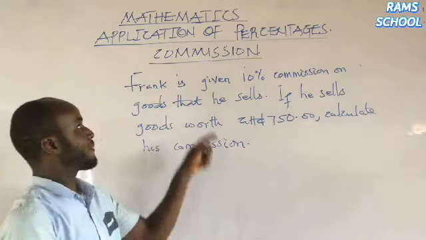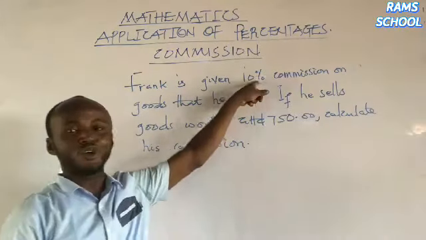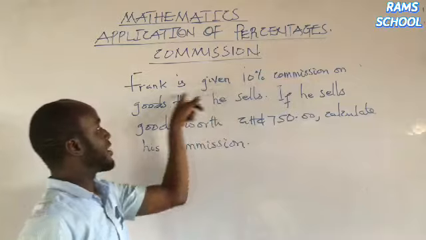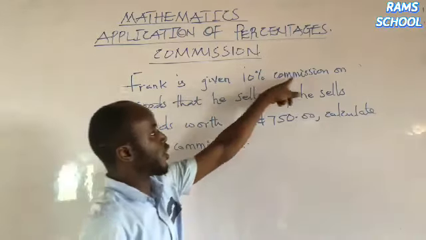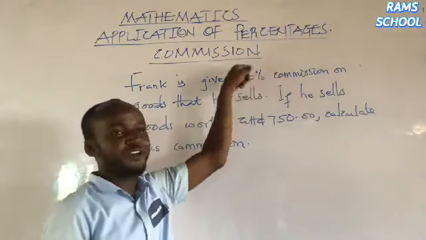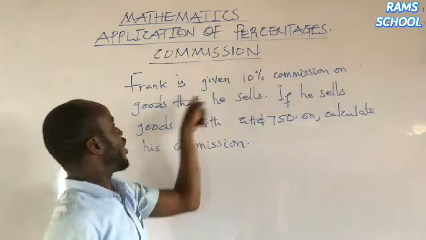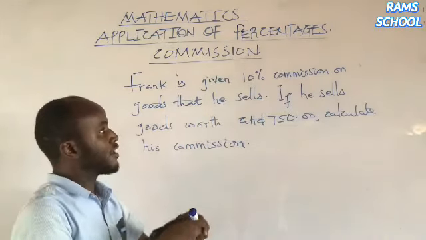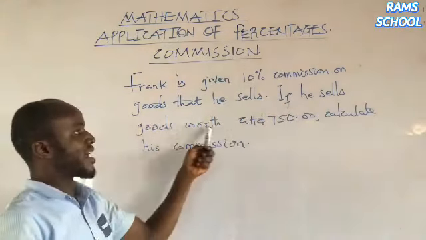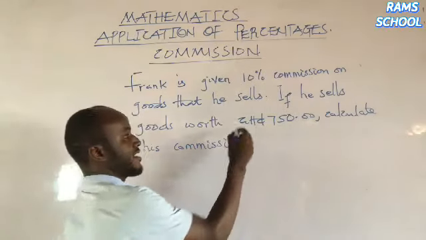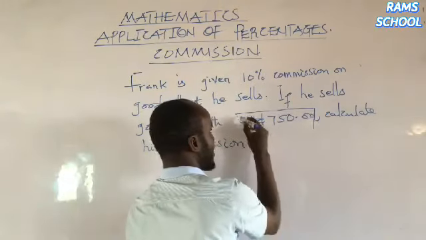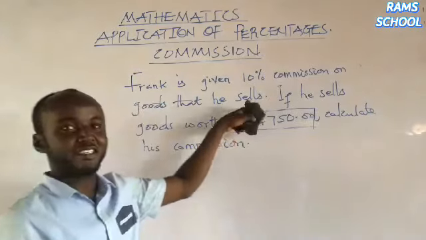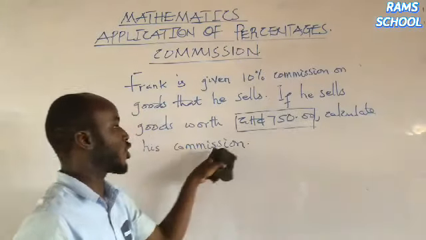So there's a question. The 10% here, as you all know, refers to the rate of commission. Frank is given 10% commission. So this 10% refers to the rate of commission on goods that he sells. If he sells goods worth 750 Ghana cedis, this amount given here is the total sales. Now, how can we calculate the commission?